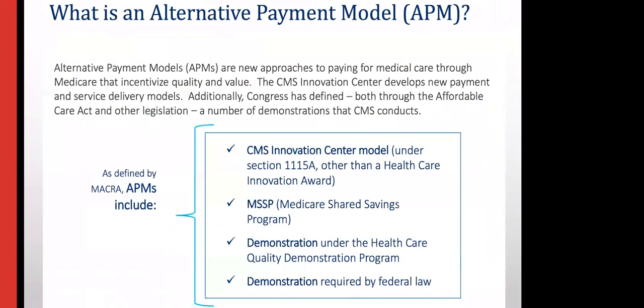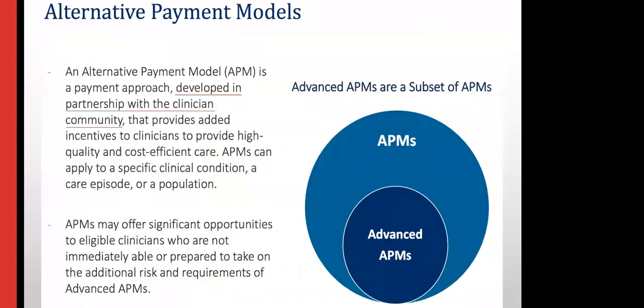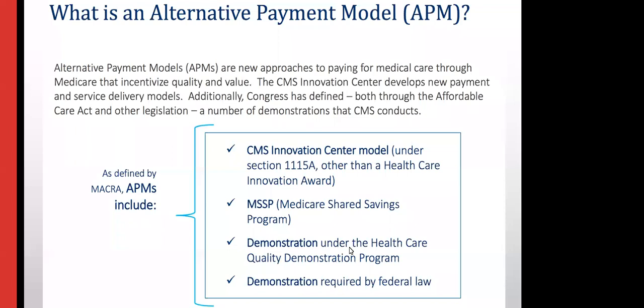Okay, that's fine. So what really is an alternative payment model? CMMI, the Center for Medicare and Medicaid Innovation, put forward this concept that alternative payment models would be used to further physician payment in the future, getting away from fee-for-service and taking your services and putting them into a payment category that's designed to reward value, mainly to improve quality and lower costs.